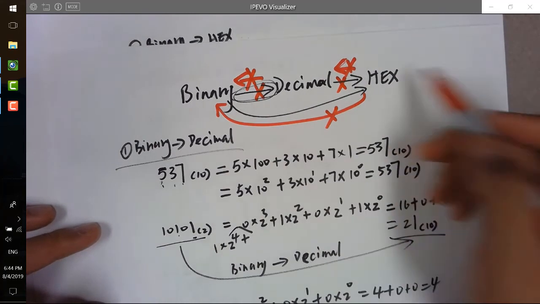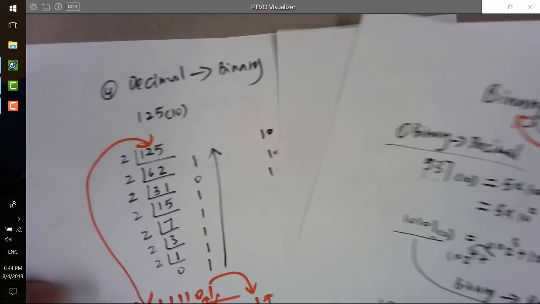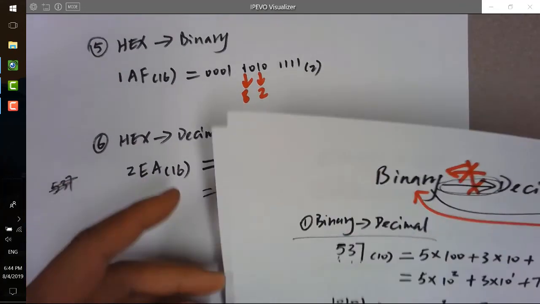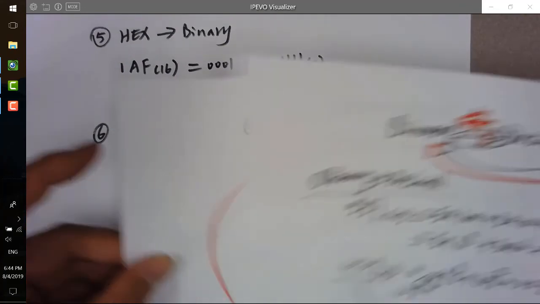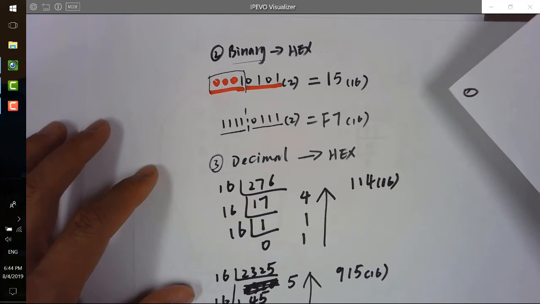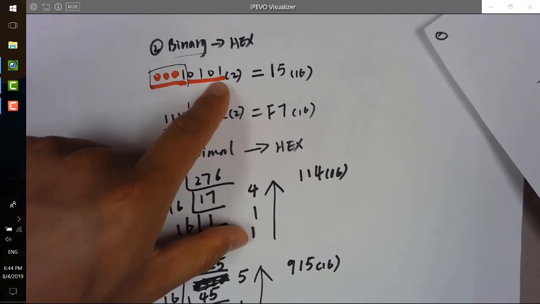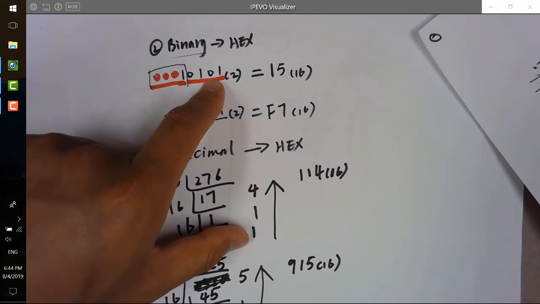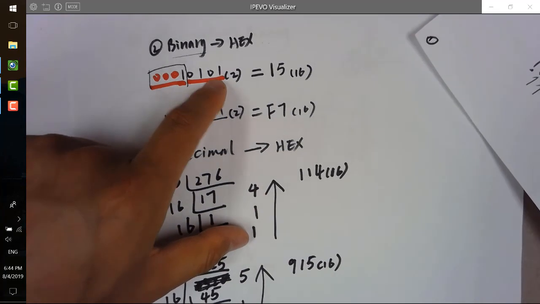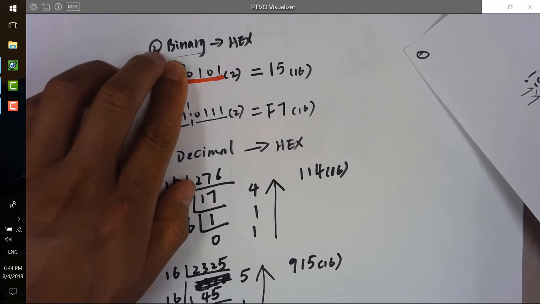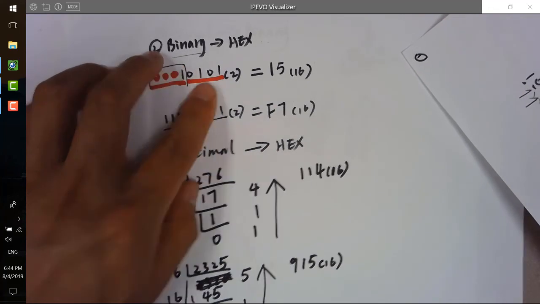So what about binary to hex, which is the easiest one, almost. Binary to hex. We did it here. Okay, we group every 4 binary digits into one group, and we convert those 4 digits into a hex number.